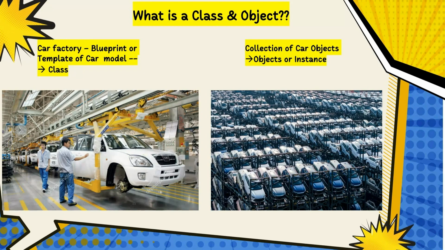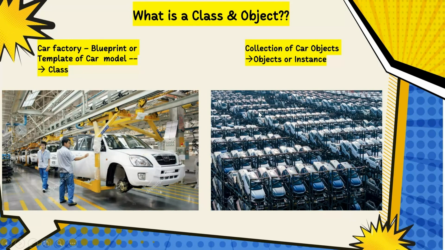So designing the template first is the actual step of bringing a car into the real world. Similarly, if you want to programmatically achieve the same result, you will need to have your blueprint or template of the car model first. So a class is going to be your first step when you want to actually create a car. You'll need to create a class template of your car, and then you will produce the actual product, which is going to be your car.